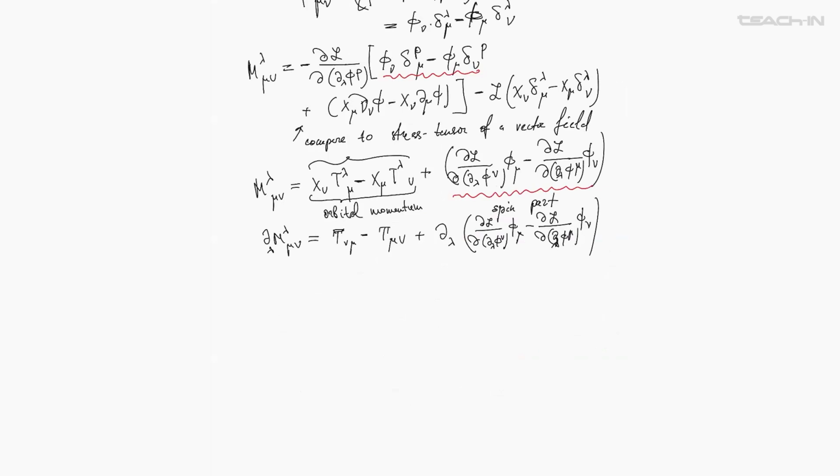If the stress tensor is symmetric, in other words, T mu nu is equal to T nu mu, then the spin part will be separately conserved.